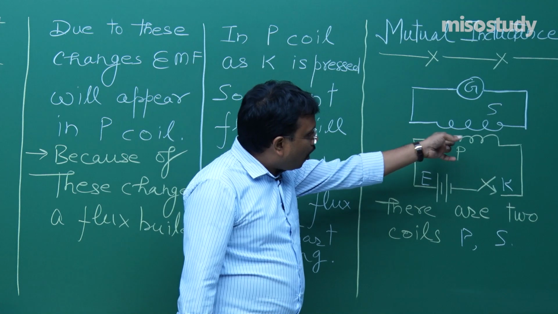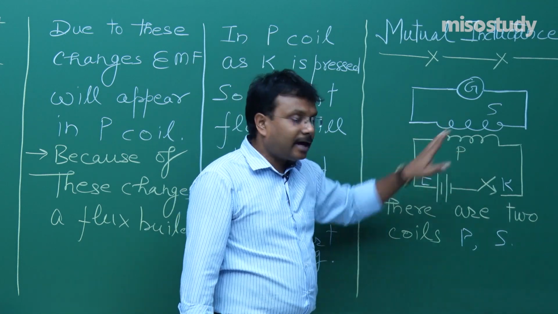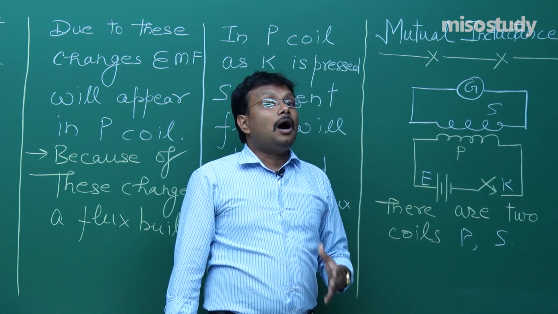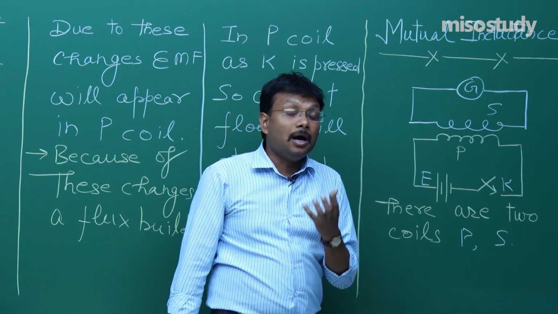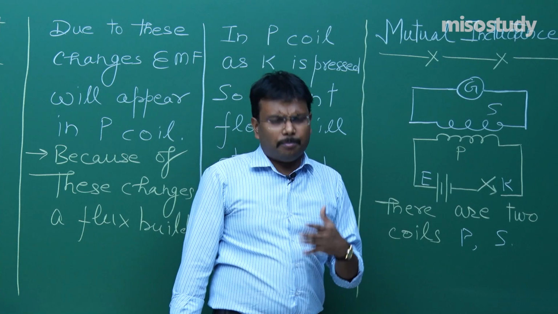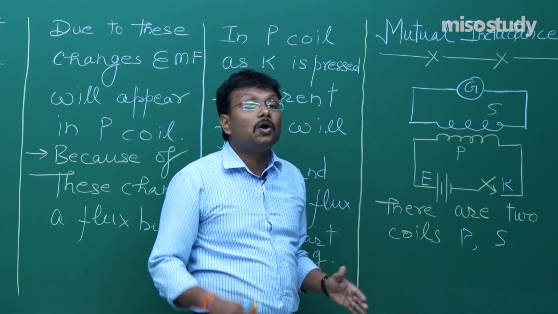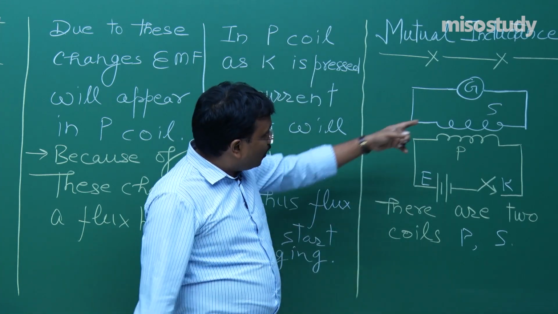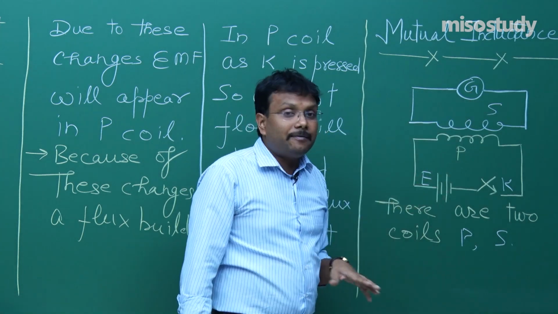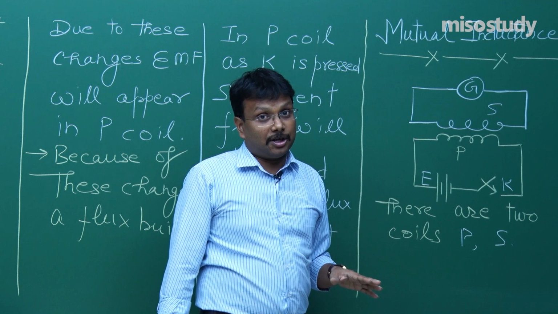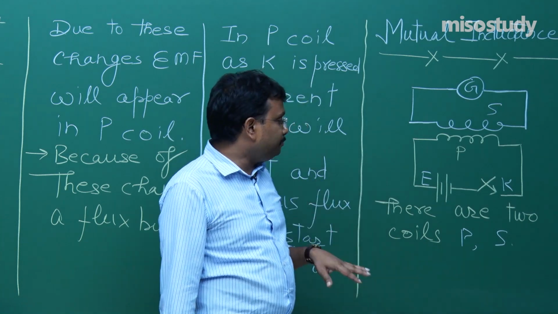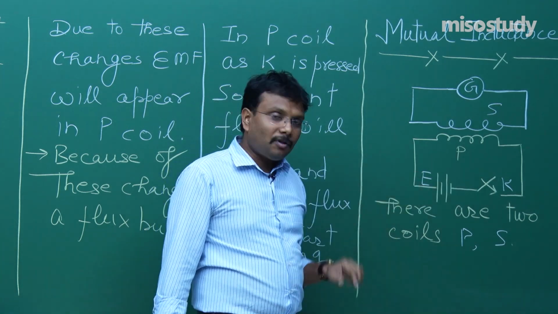Because of the flux change in the secondary coil also, an EMF building process associated with the flux change also starts taking place. So ultimately the use of the galvanometer is clear to us. The galvanometer will start showing some deflection. This is the first scenario.